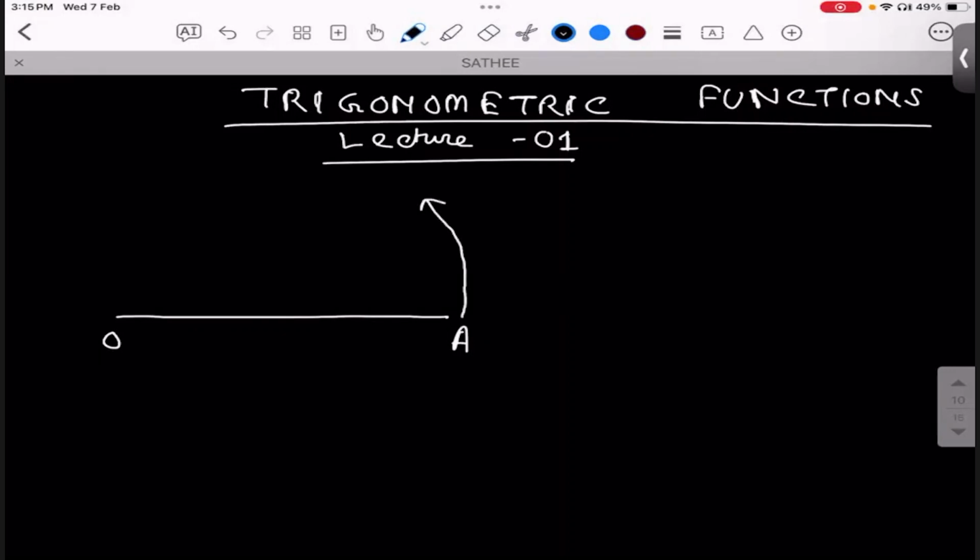So presently this vector ray is at this position, suppose. I am calling it OA dash. It was previously at the position OA and now it is at the position OA dash. So this ray shifted in the anti-clockwise direction a little bit.